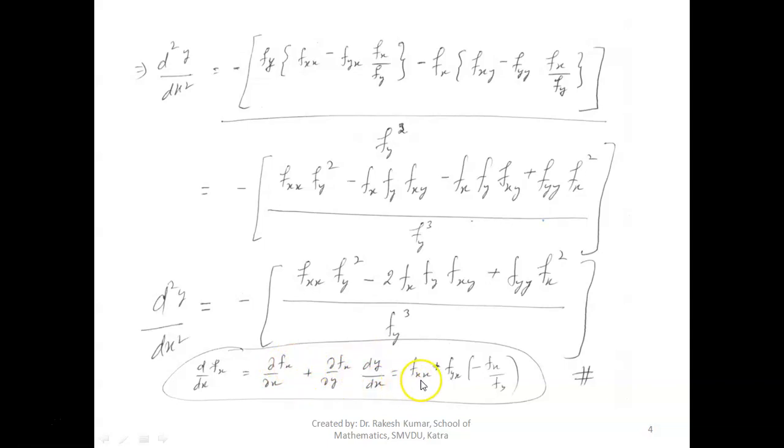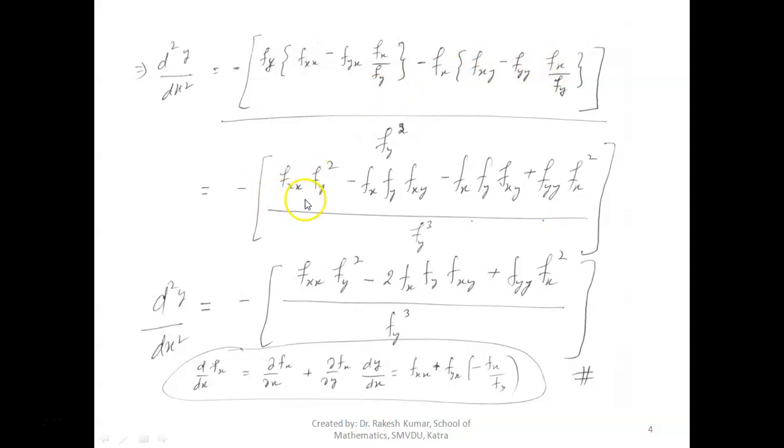So from here I get fxx, the double derivative of f partially with respect to x, and the derivative of fx with respect to y, so fyx, and dy/dx is minus fx upon fy. So this expansion is put over here, and similarly the second part is written like this.